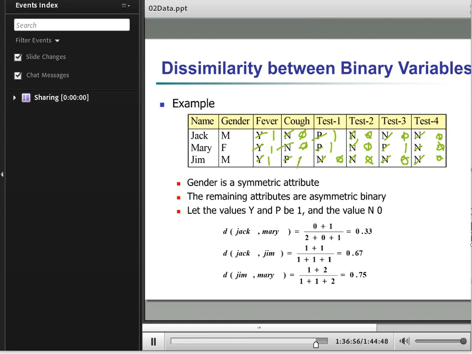For example, for test 2, all of the items are 0. So in the last slide, I can see that if object I is 0 and object J is 0 too, we can omit them, because here fever, cough, and test 1 to test 4, these 6 attributes are asymmetric.